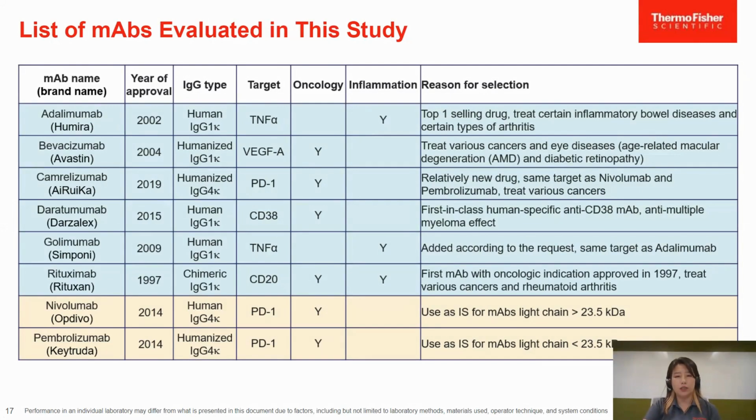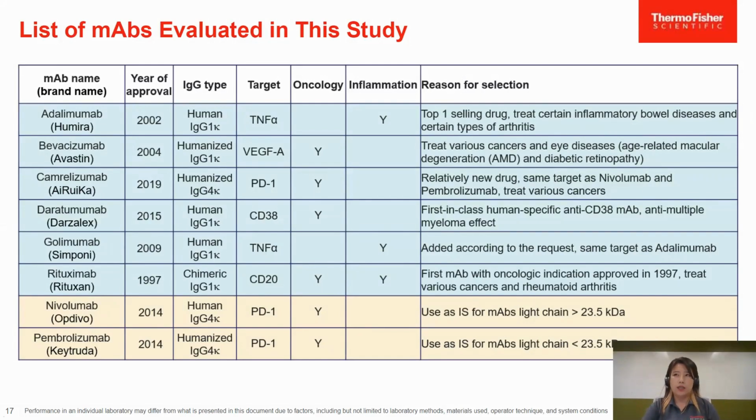For example, rituximab is the first mAb with an oncology indication, approved in 1997. On the other hand, camrelizumab, the third one here, is a relatively new drug approved in 2019 to treat various cancers.